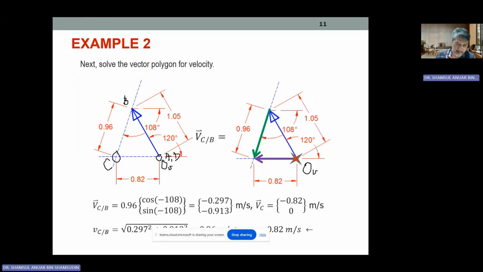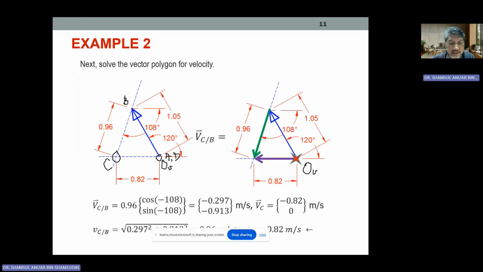And then this line VCB will pass through point B, whereas the velocity line for the slider will pass through this origin, and from there we can get the intersection for point C. Okay, so this is the solution using the graphical method. For the graphical method, either you draw manually, but you need to be very accurate, or you can use AutoCAD or any other CAD.